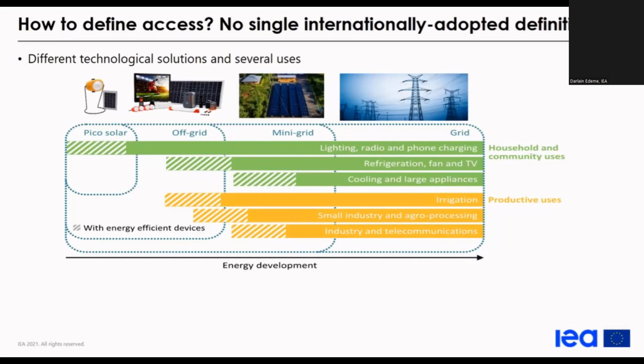It can be small hydro, wind, or solar PV, coupled with storage or with a backup generator, and that will be able to transmit and distribute electricity to a large set of customers. And last comes the most well-known and common way of providing electricity, which is the usual grid. And as you can see, the higher you go in the type of technology solution, the more services you can provide.